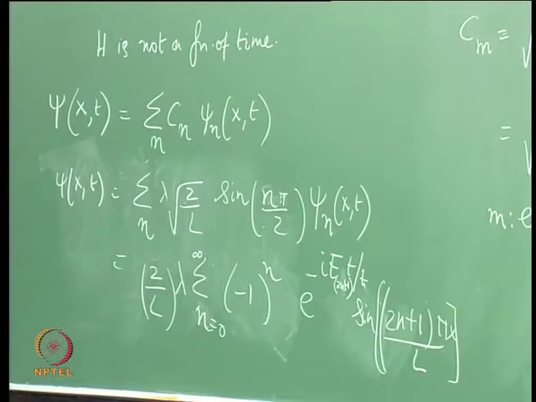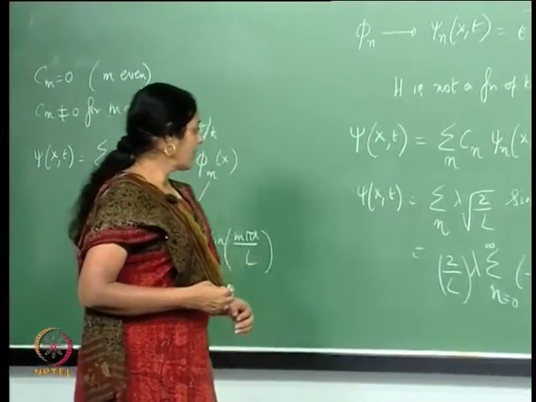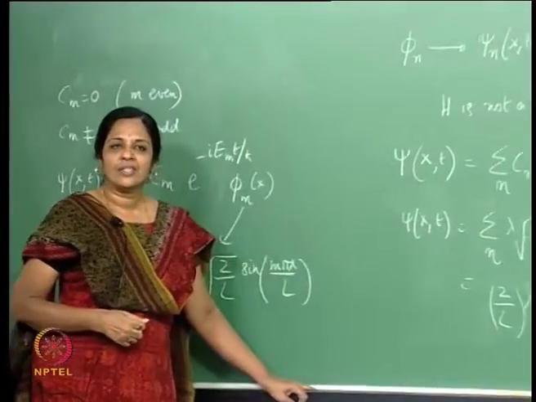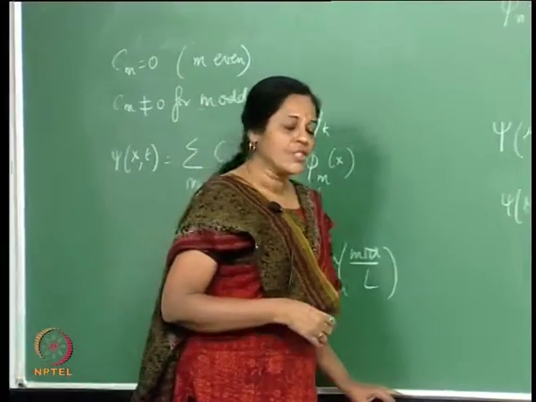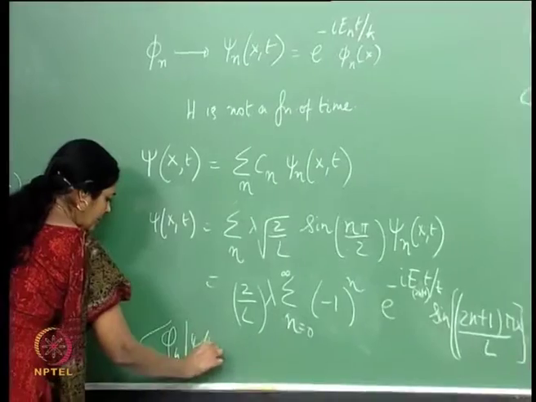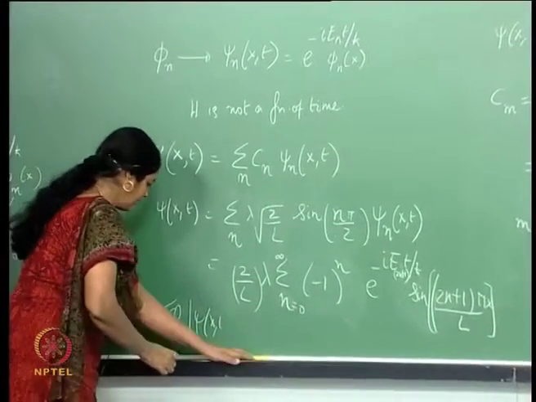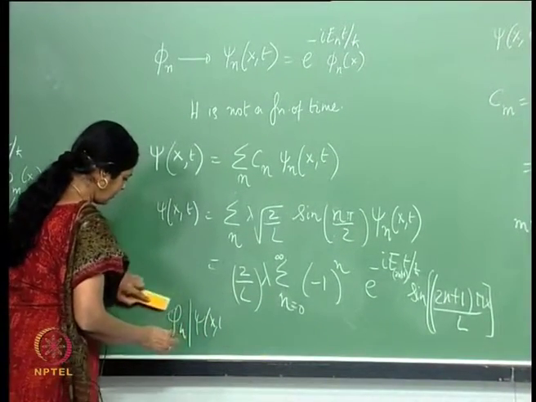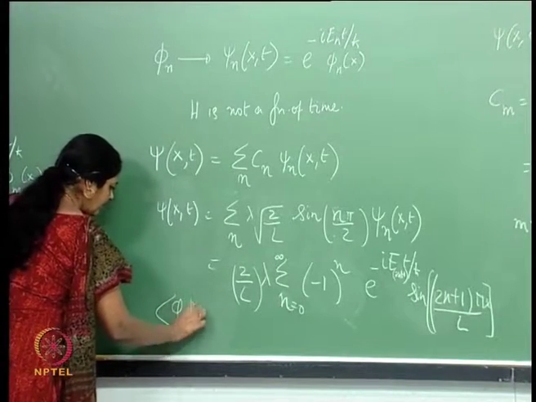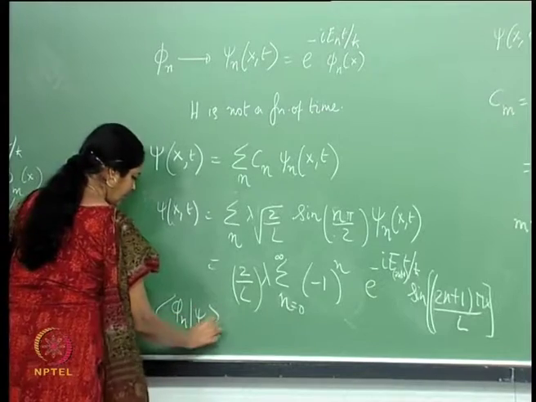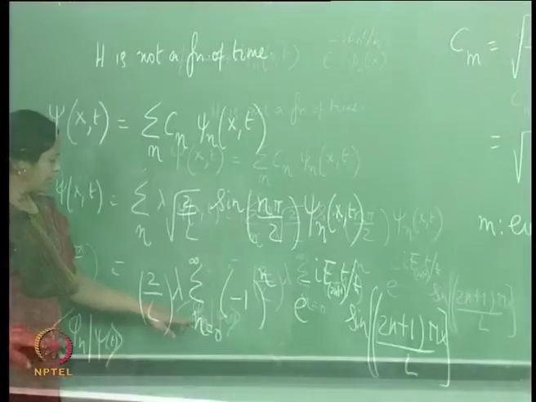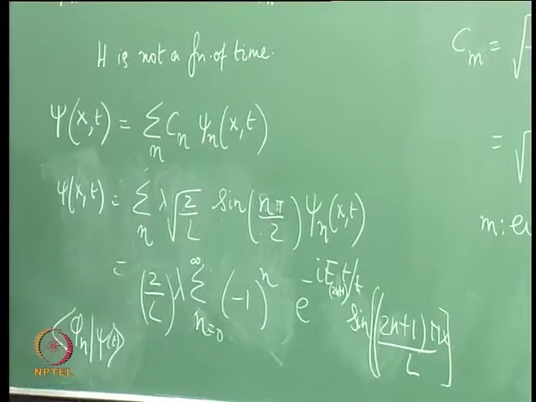I ask the question, what is the probability that psi of x comma t is in some eigenstate phi n? In other words, I ask for this. What is the probability that this wave function happens to be in an energy eigenstate?